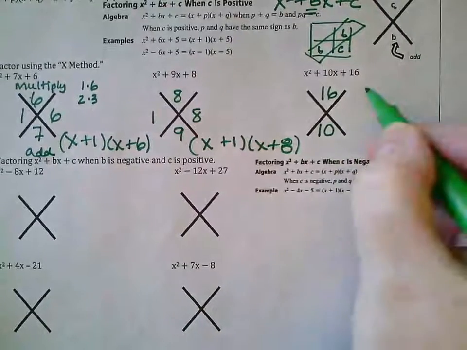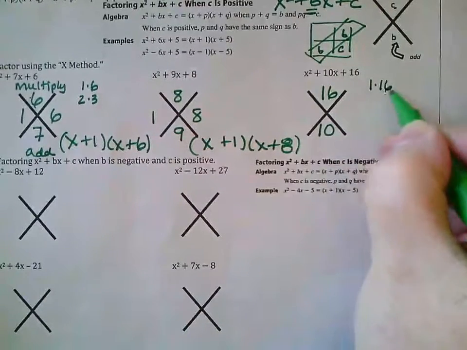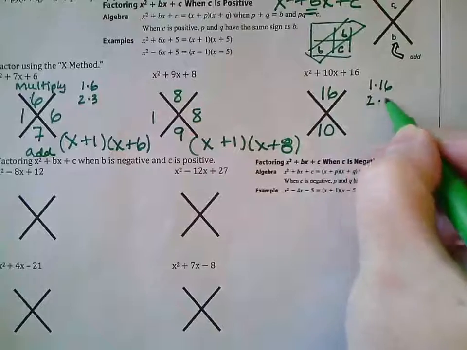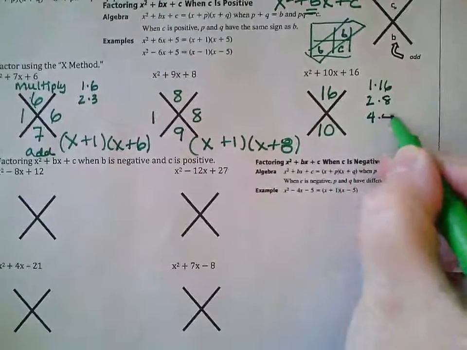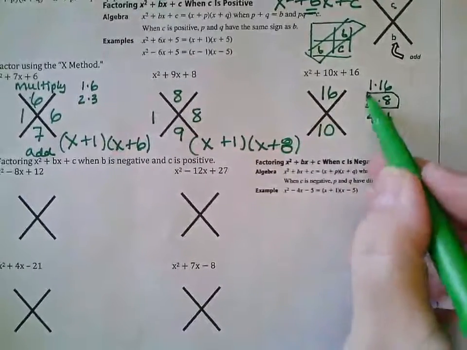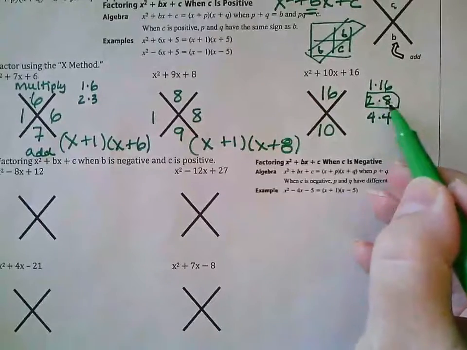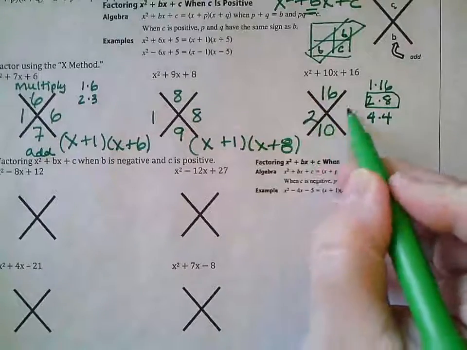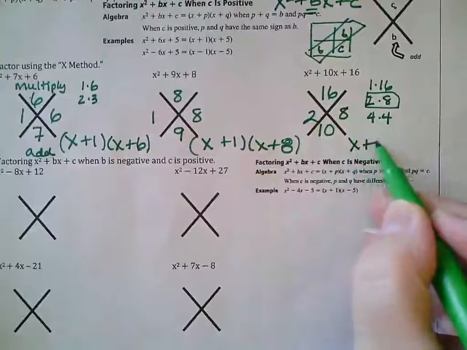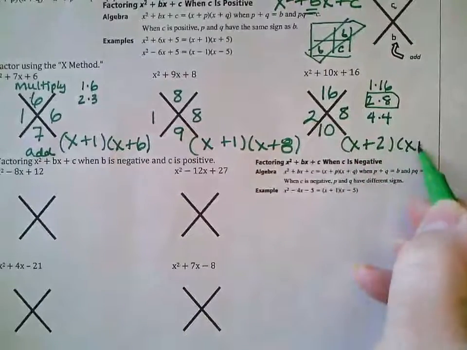Think of your factors of 16. You have 1 and 16, 2 and 8, 4 and 4, and you can see right here, these would add to equal 10 and multiply to equal 16. So x plus 2, x plus 10.